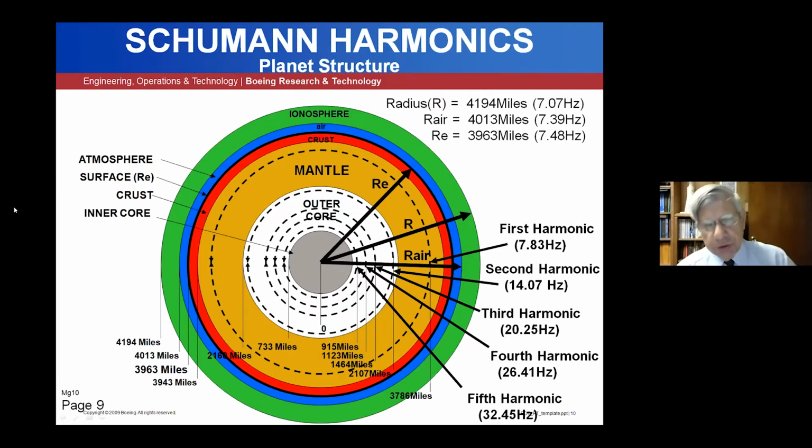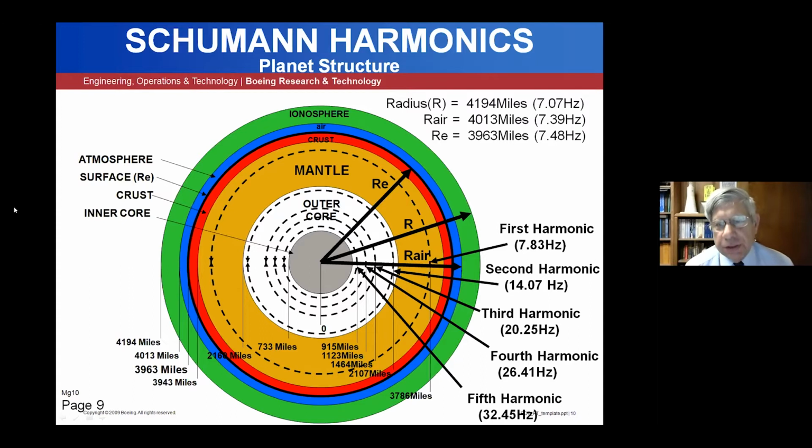Now, superimposing the Schumann resonance on the planet, see where these are standing waves. The fundamental is down in the mantle, and then all the rest of the higher harmonics, second, third, fourth, and fifth, are all down in the core.